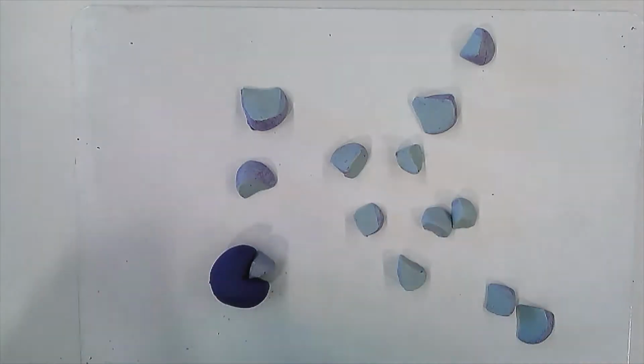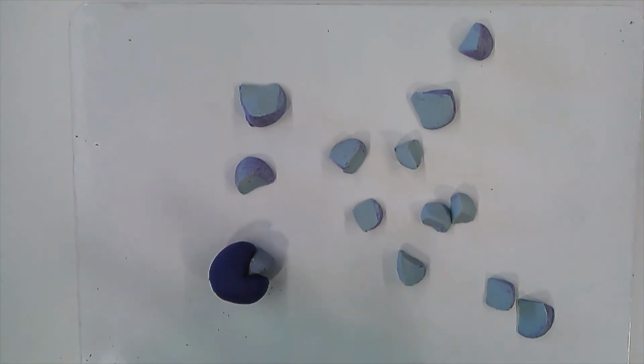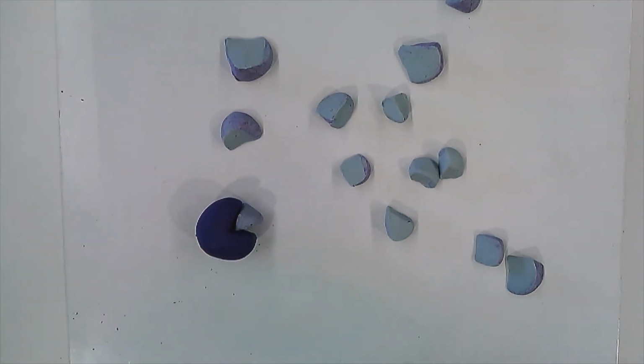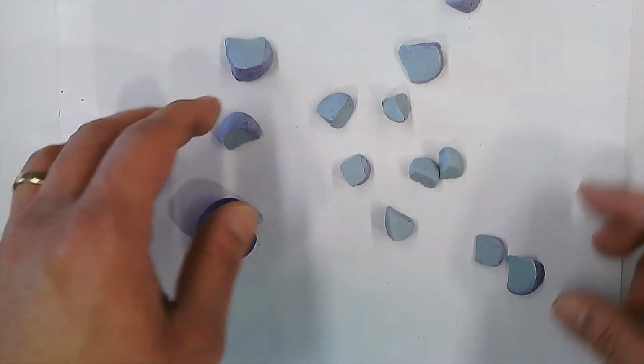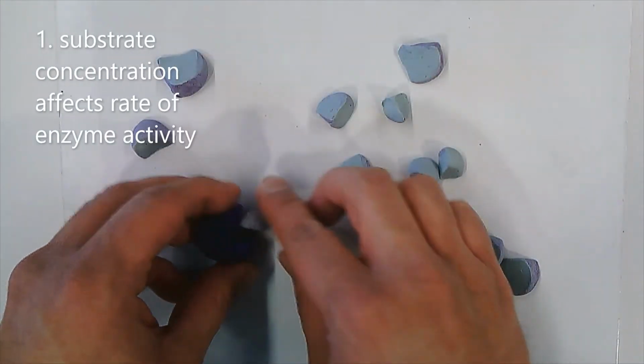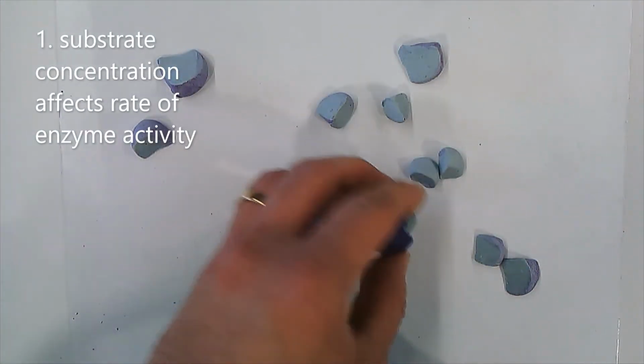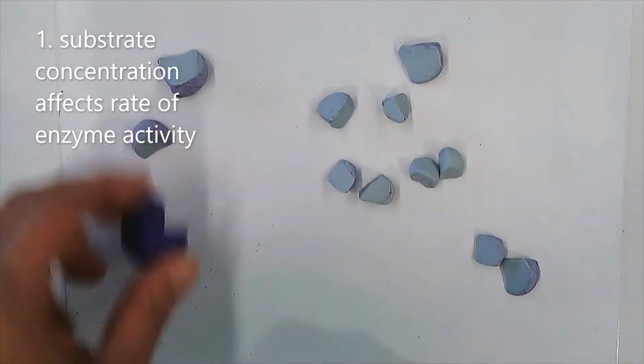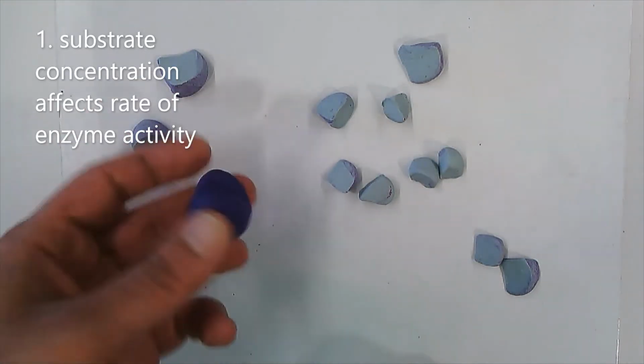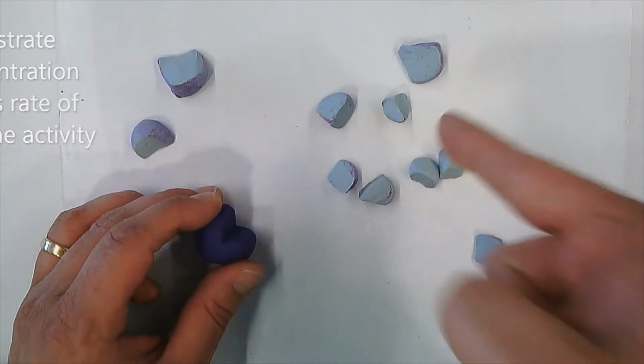So, with that in mind, how do we make more successful collisions happen? We can increase the substrate concentration so that this one enzyme breaks this down and eventually hits all of the substrate floating about.